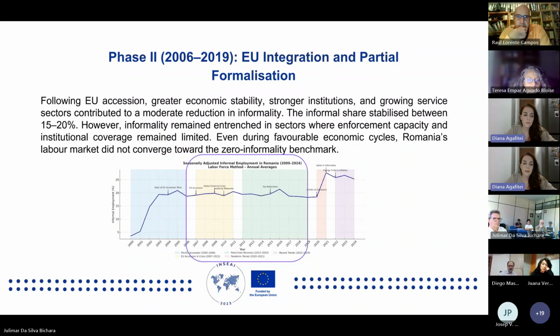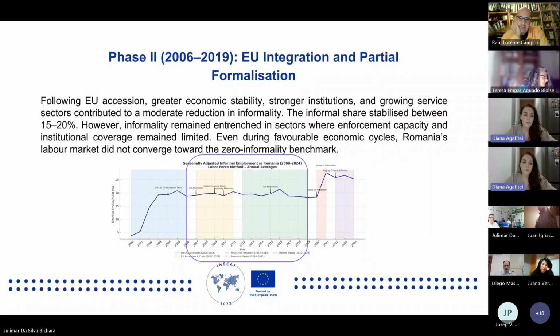There has been greater economic stability and growing service sectors, which contributed to a moderate reduction in informality. The informal share stabilized between 15 and 20%. So even though there have been better conditions, the informal employment was not eliminated at all, but it has been reduced to some point.